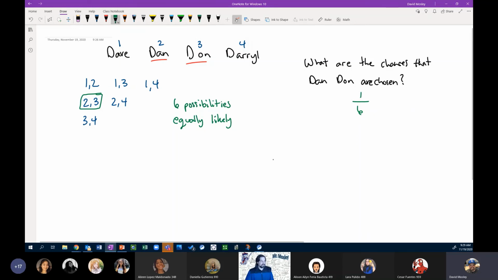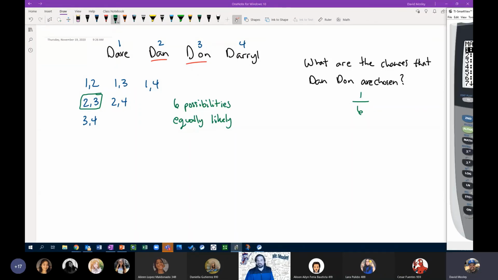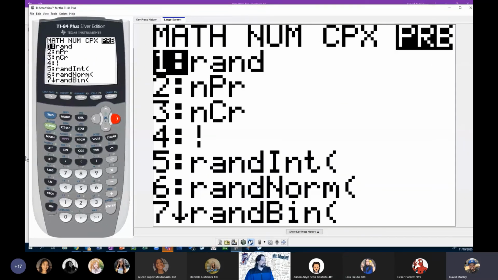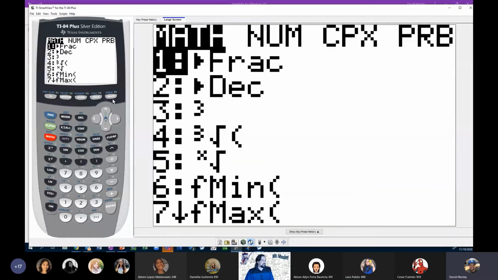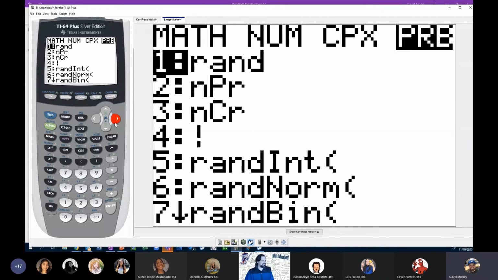There is a way to find the total number of possibilities of a scenario like this using your calculator. It's the choose function. In your calculator, when you go to math and over to probability, you choose this thing, it's nCr.